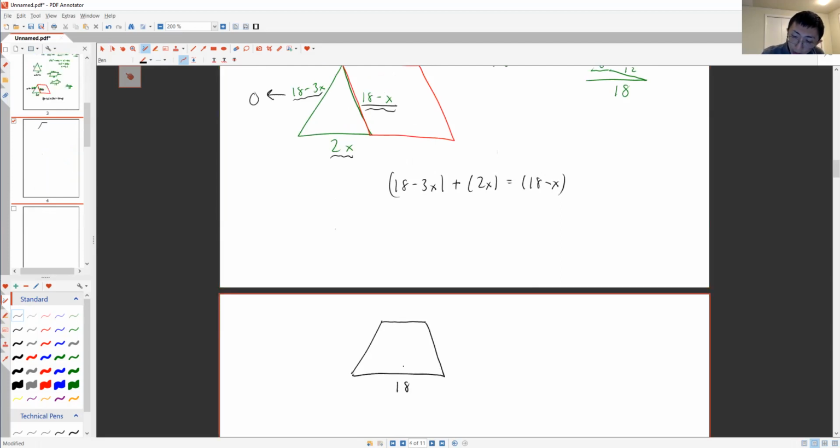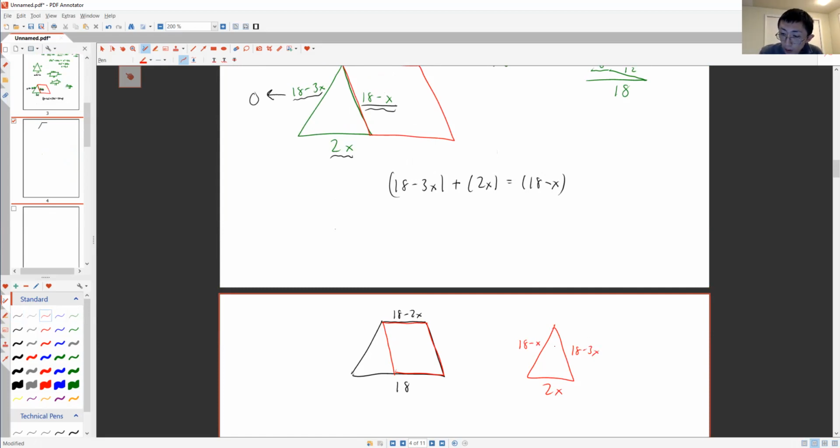So we have 18. We found that if we had 18 minus 2x on top, then removing the parallelogram will give 2x, 18 minus x on one side, and 18 minus 3x on the other side.